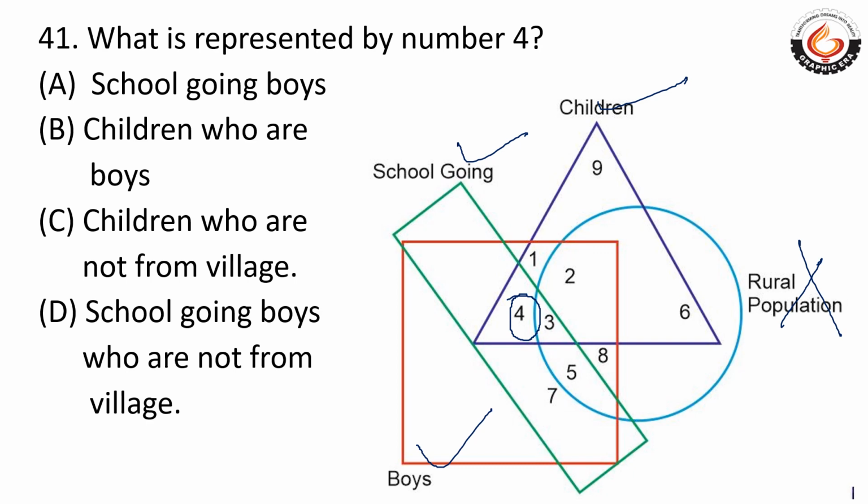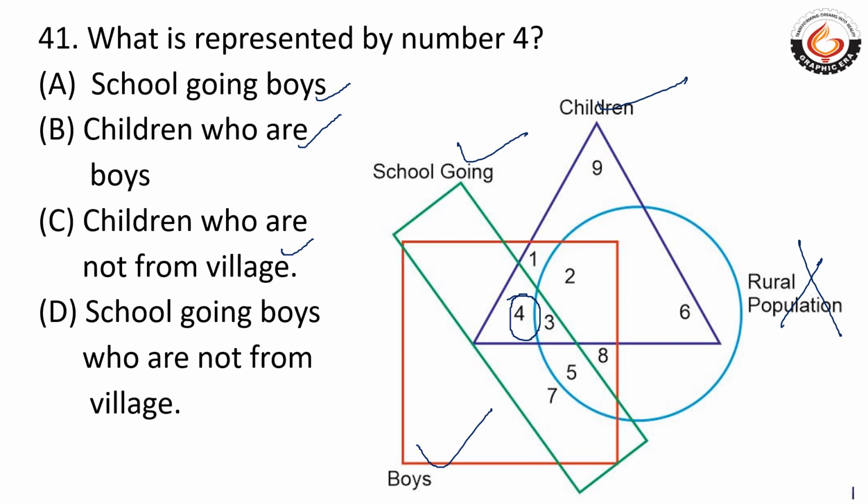We can say that school going boys, yes. Children who are boys, yes. Children who are not from village. It can be said that school going boys who are not from village.